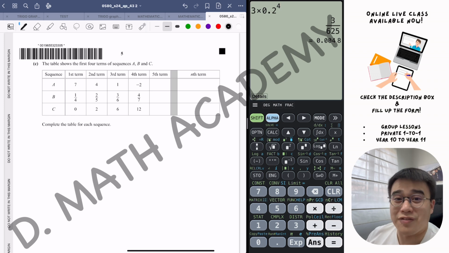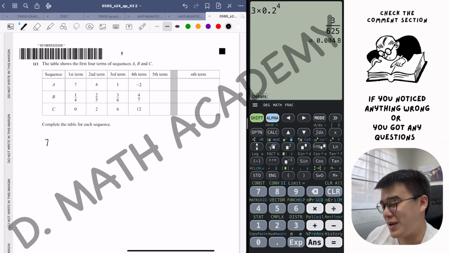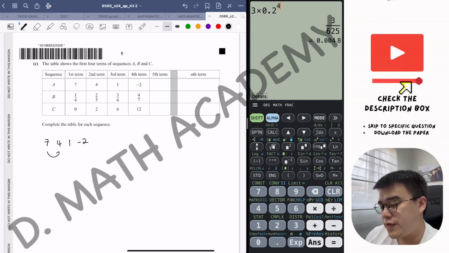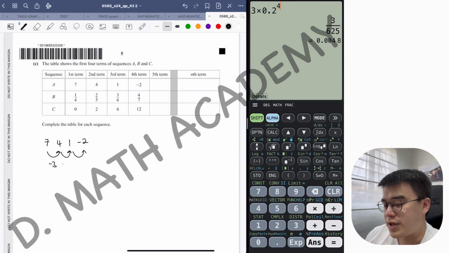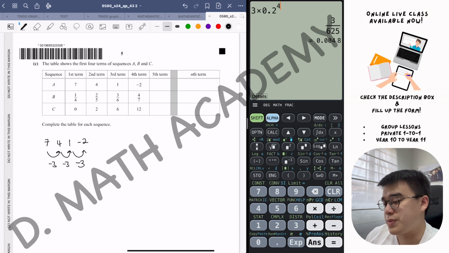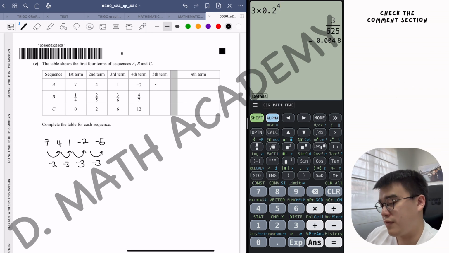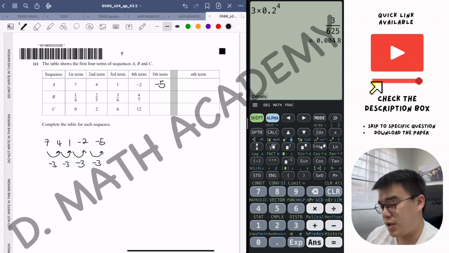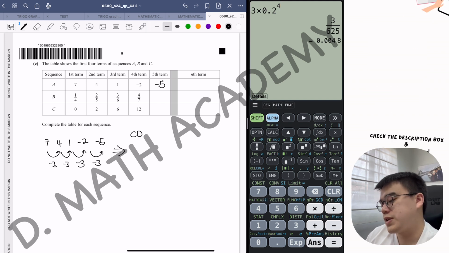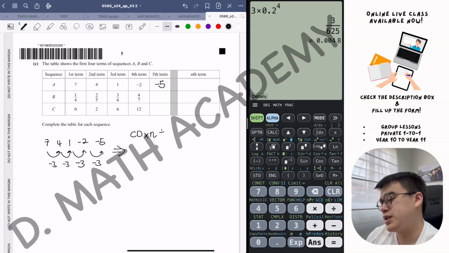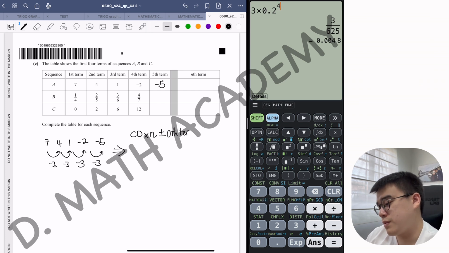This is actually my favorite because I find it quite easy to solve. So first one, there is a clear trend where every time it is going to decrease by 3, which means if I wanted to find my fifth term, I have to minus 3 again, forming -5. And for the nth term, you have to form the equation by having CD, which is common difference, times n, plus or minus the 0th term.